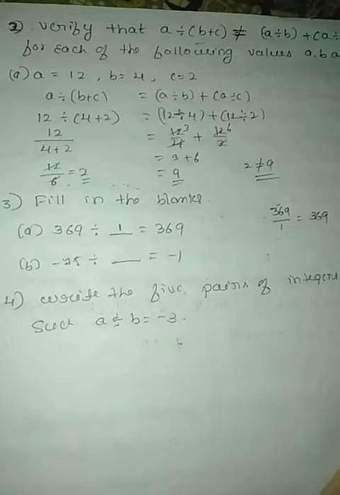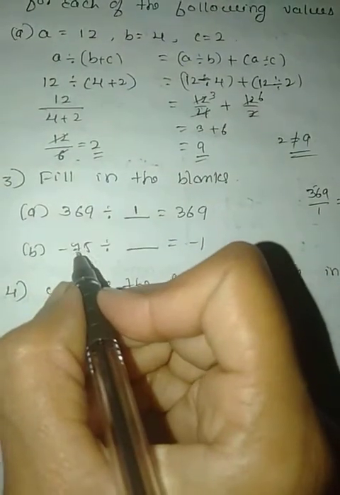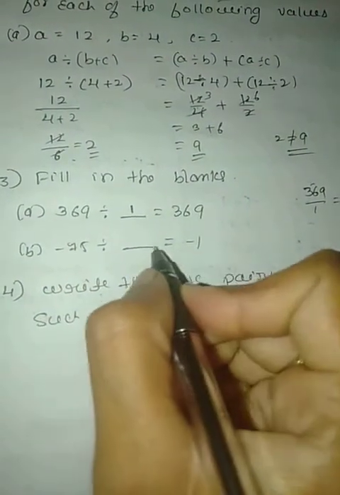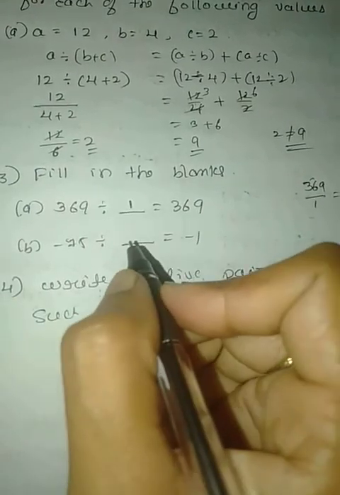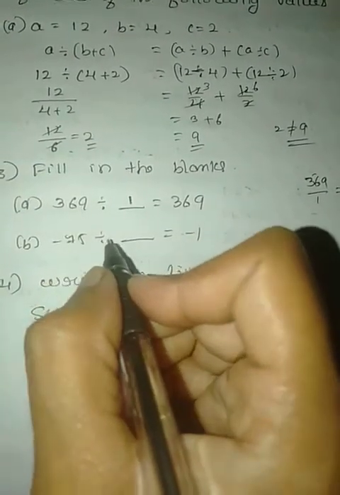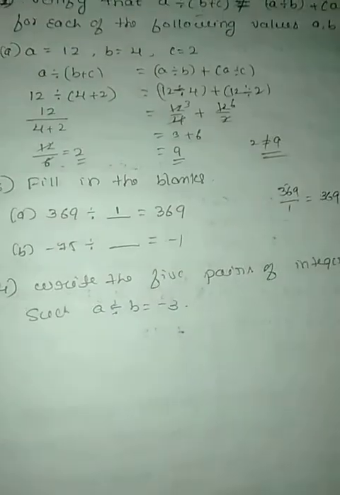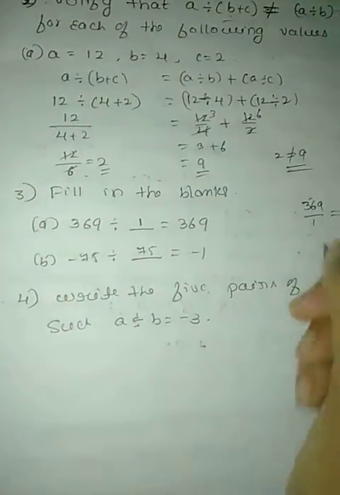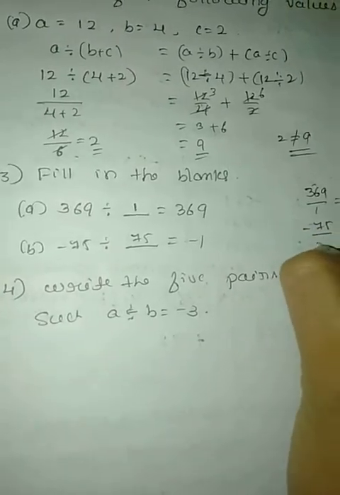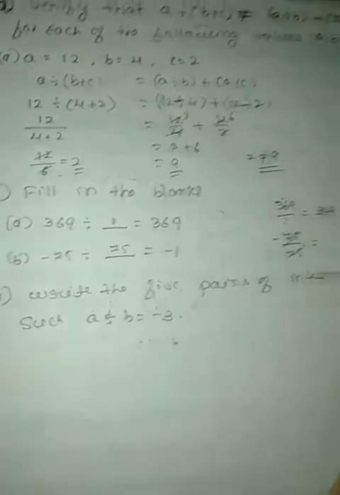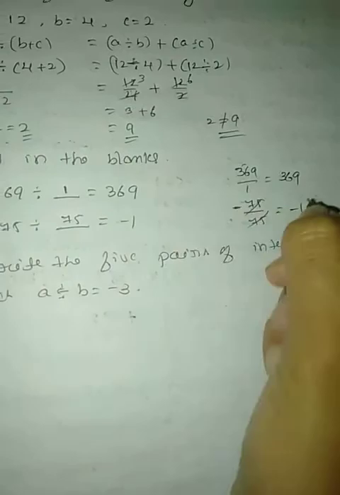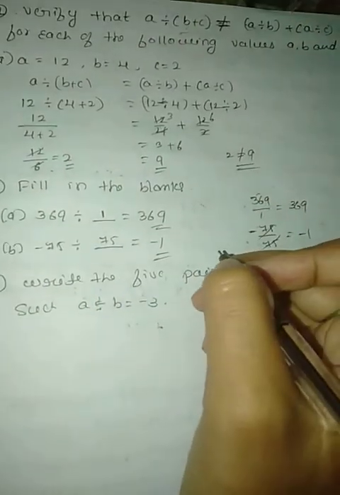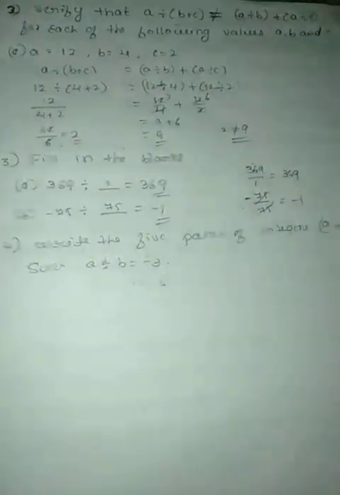Next, minus 75 divided by dash is equal to minus 1. When we divide minus 75 by any number, we get minus 1. So which number do we have to divide by? Plus 75. Minus 75 divided by plus 75 cancels out, and we get minus 1. So the answer is there.